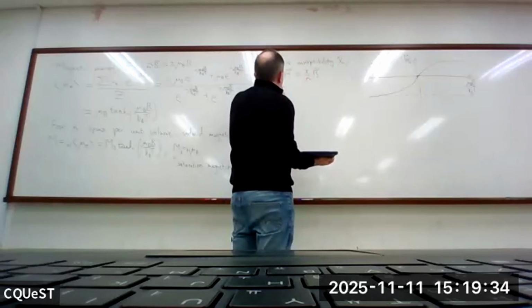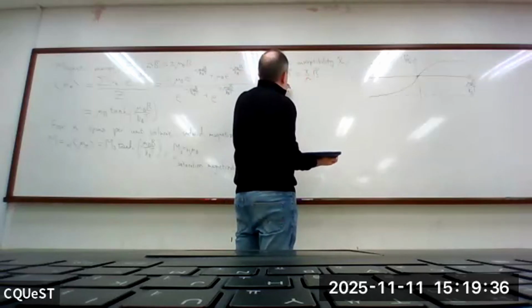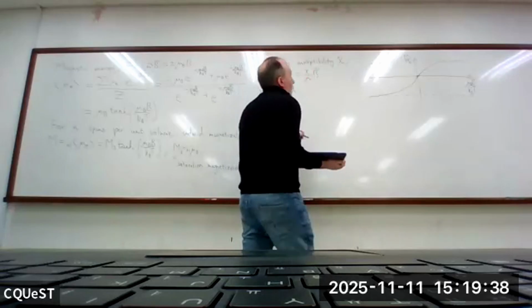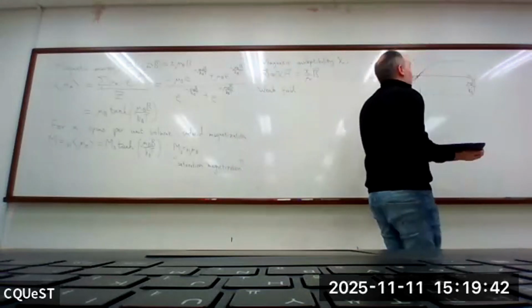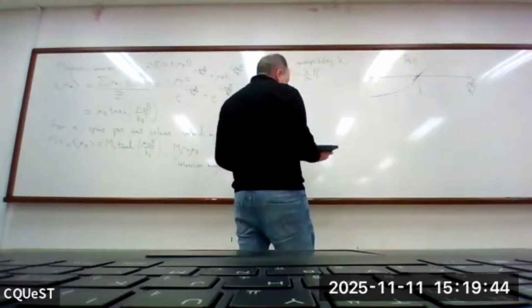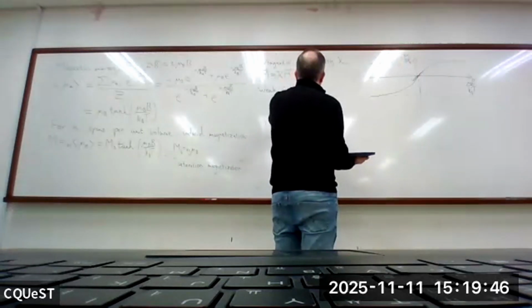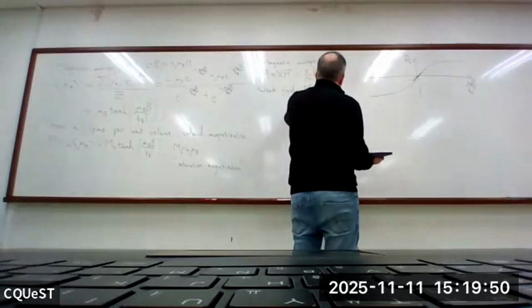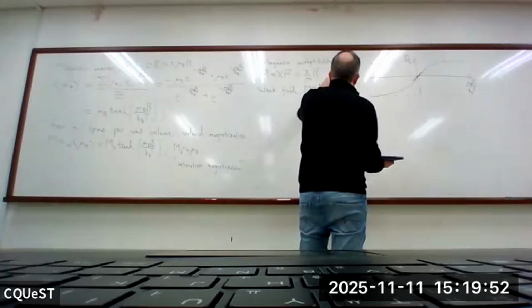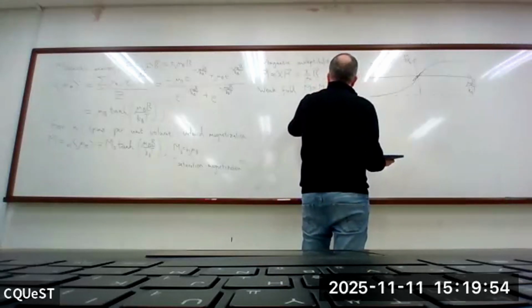So for the weak field regime, we are somewhere around here. So this is approximately linear. So M is roughly Ms mu v B over kBT.